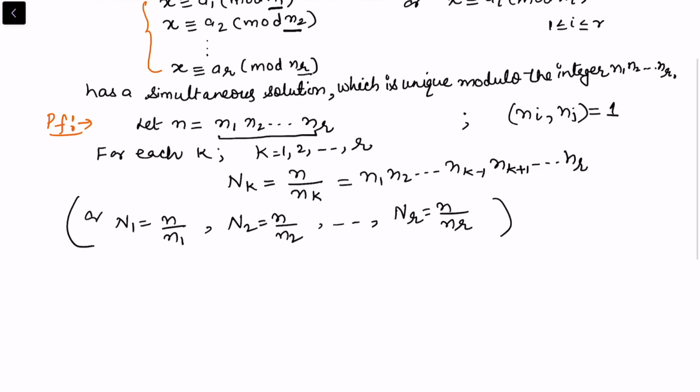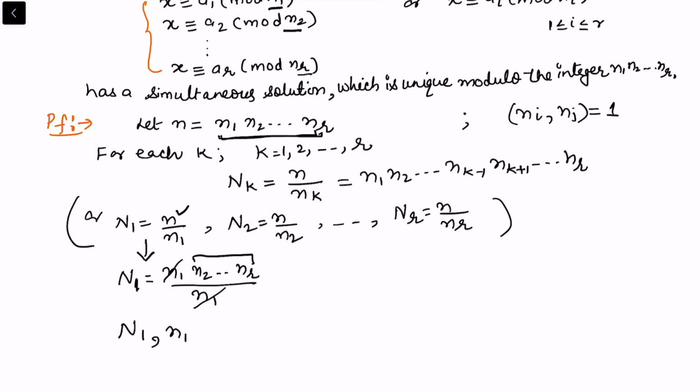And notice that capital N1 is from n, the product of n1, n2, up till nr, divided by n1. So we have already taken n1 in the denominator, so this gets cancelled out, and that means in capital N1 we do not have the term small n1. So the GCD of capital N1 and small n1 is equal to 1, because in capital N1 we now have the terms n2 up till nr, and its GCD with n1 must be equal to 1.